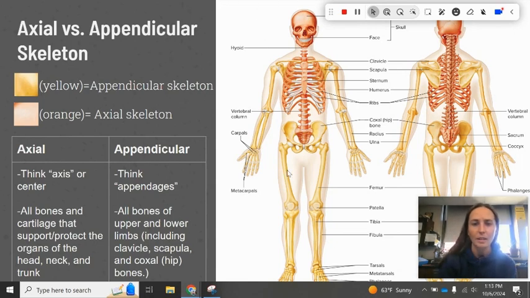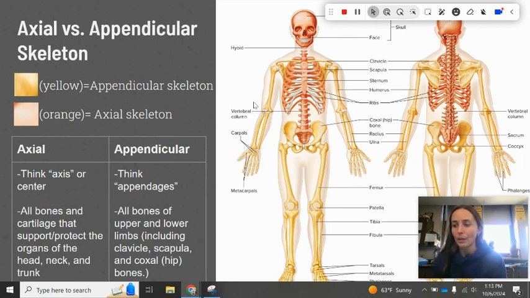If you are seeing these diagrams here in yellow, the appendicular skeleton, it's like appendages, right? It's like our arms, our legs. It's nothing really in the center of our body because that's reserved for the axial skeleton.